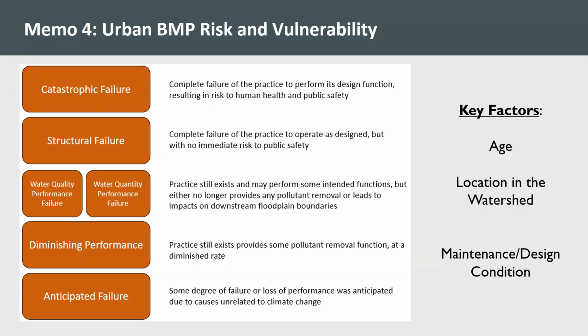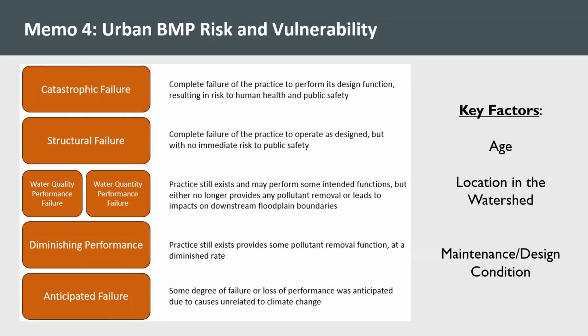The idea here is that these challenges can happen on a range based on the impact to human health and safety, all the way down to things that might be anticipated to fail regardless of climate change.